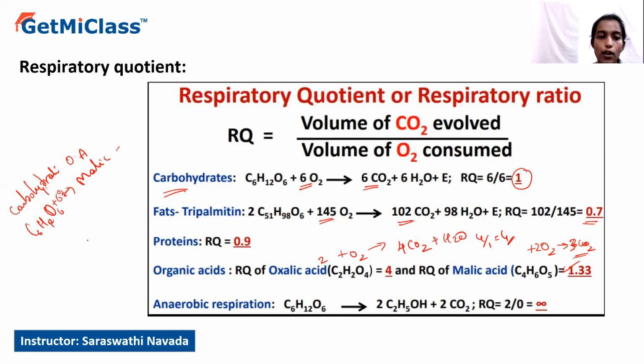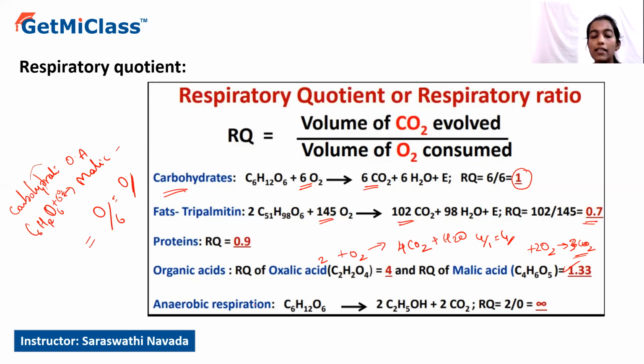So if you want to calculate the respiratory quotient for the organic acids produced from carbohydrate, it will be 0 by 6. So 0 divided by something will be 0. Hence the respiratory quotient for organic acids produced upon oxidation of carbohydrate will be 0.